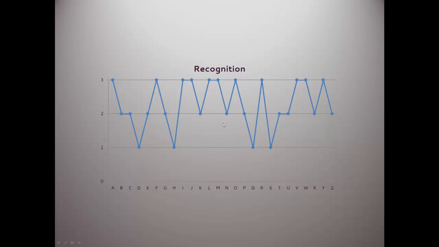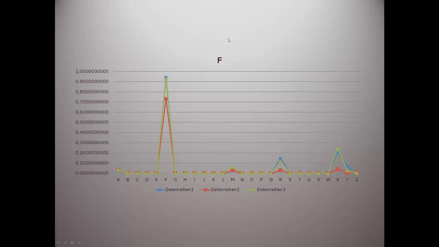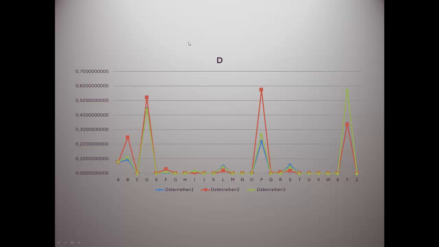We can see it better on another graph. Here we have a graph for the F. As you can see, we got very good results for this letter, because it's very unique, and you don't draw another letter like you draw an F. But if you look at the D, we don't have such good results.